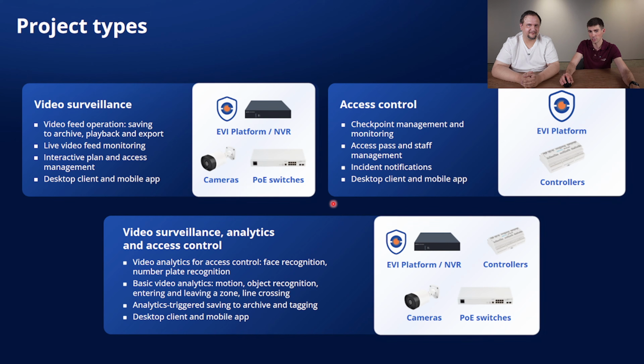Another common type of project is access control without video surveillance. So this does also get required. In this case, you have 0 cameras. You would have the EVI platform on a dedicated server. The server in this case would not be that advanced, so you don't need a GPU if no camera analytics is involved, and managing those controllers does not take as much resources.